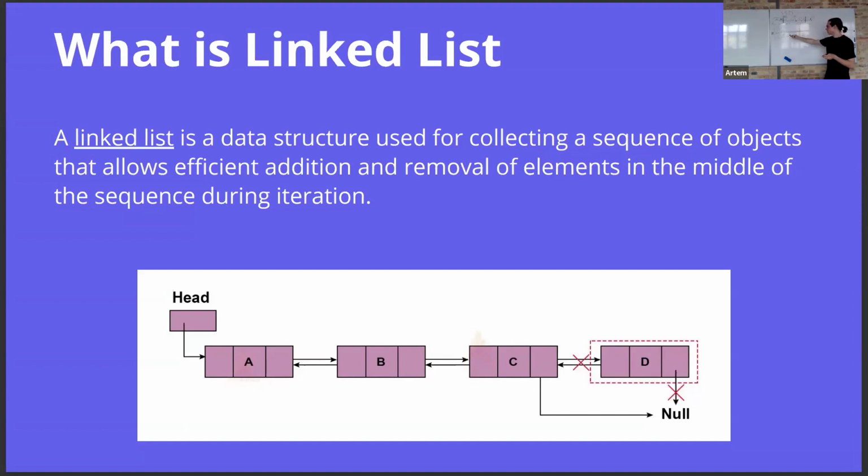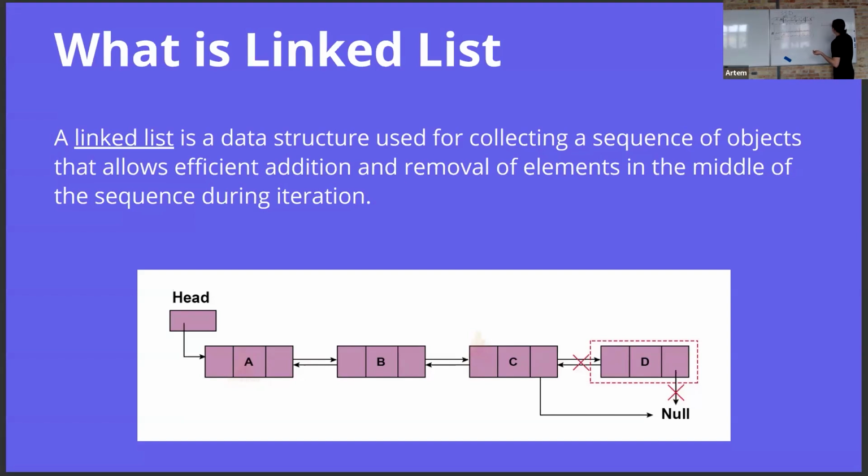Those elements are stored in different places in memory, but this is the first element, this is the second, this is the third. And how can we know where our first, second, and third elements are? I will tell you.